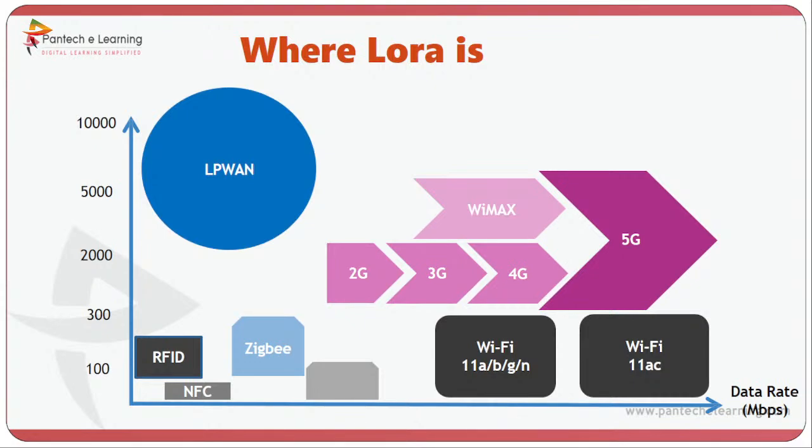These are the oldest ones when compared with the LoRa module. Wi-Fi we all know, and 5G technology we also know, 2G, 3G, 4G, 5G like that. LoRaWAN has a higher data rate, and compared with other technologies, it will be faster too.